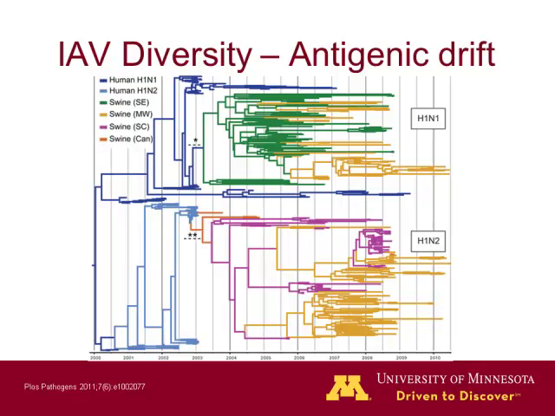This is the case for H1 viruses that have been evolving from 2004 to 2009 and have been moving from the southeast region to the Midwest, as well as from the south central to the Midwest.